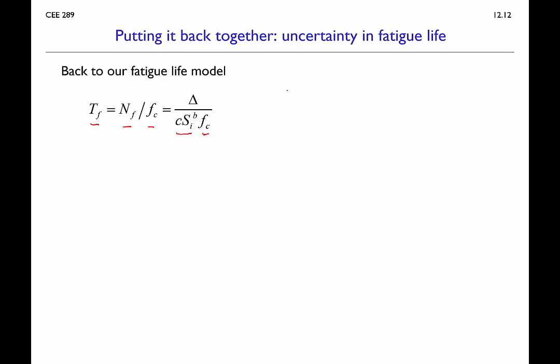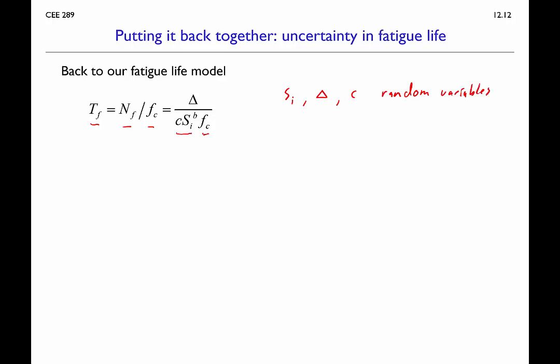So we've got SI, the amplitude of cycle I, and generally speaking, we could talk about delta as being a random variable, how much damage we could actually accumulate before we get to a failure. And C we'll sometimes think about as a random variable, the rate of accumulation, dependent on this S to the B damage accumulation per cycle. So those could all be random variables.